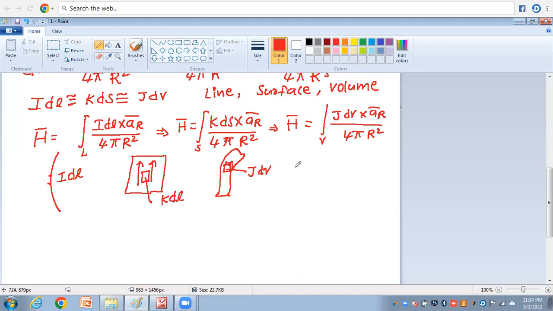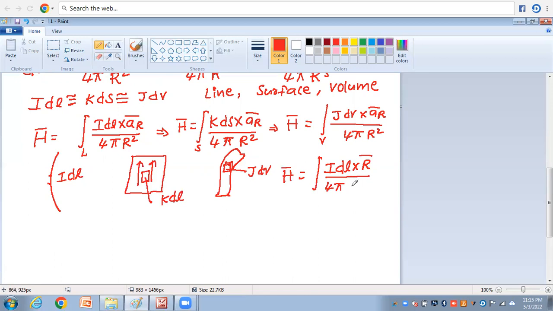Now, the final expression for dl or H, just remove this a R bar. This is very, very important. H bar equal to integral of I dl into R bar by, then write as it is, 4 pi.